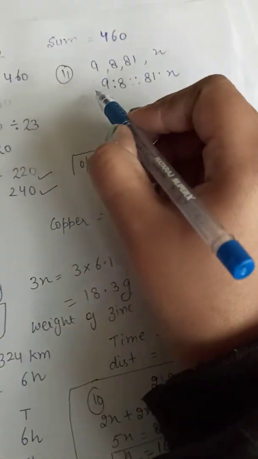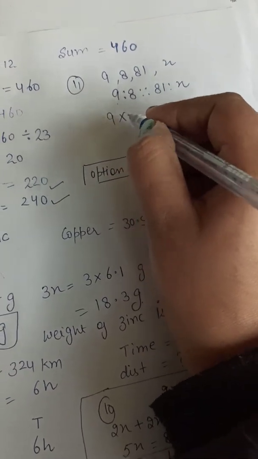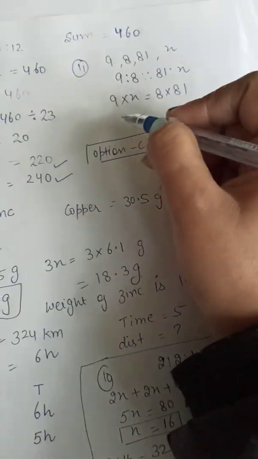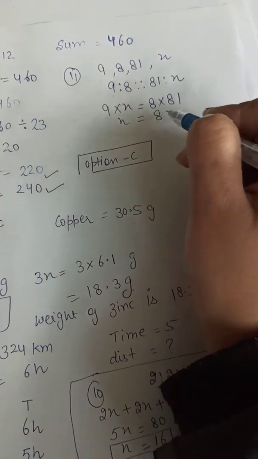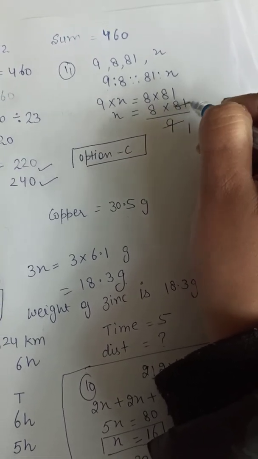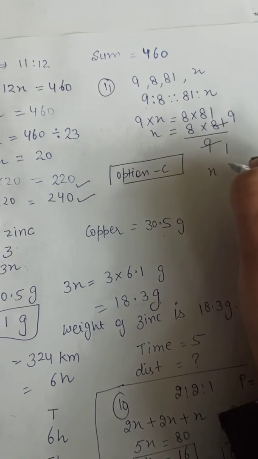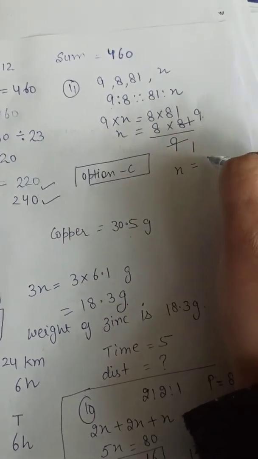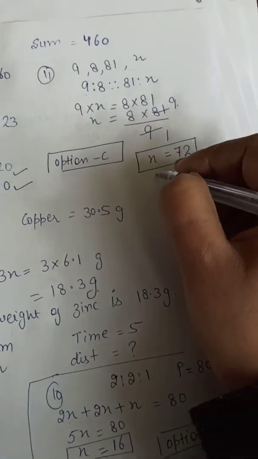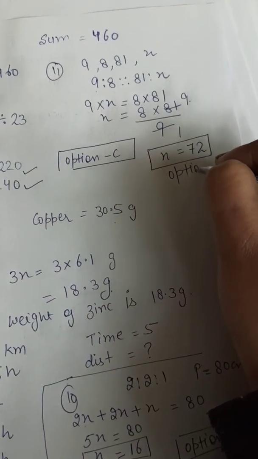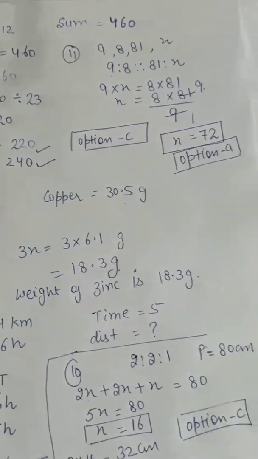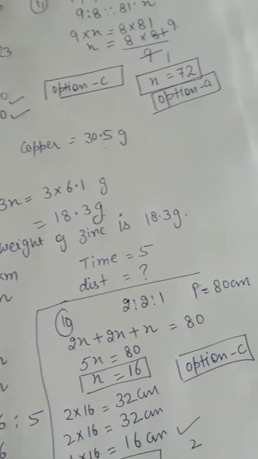It means the product of extremes equals the product of the middle ones. x will remain here, 9 will come to this side. 9 ones are 9, 9 nines are 81. Now x equals 8 nines are 72. Okay, which one is option A? Okay beta, this was question number 11.